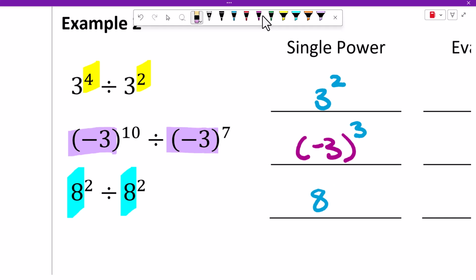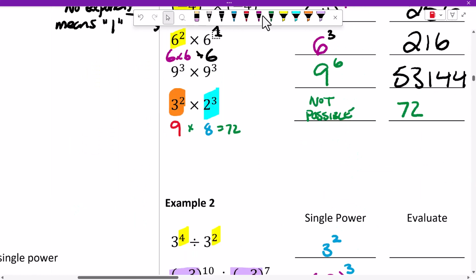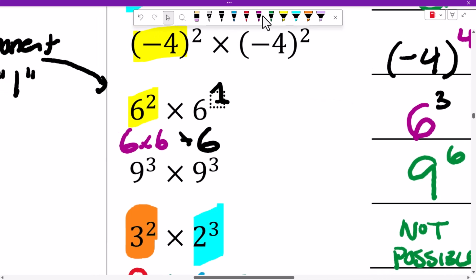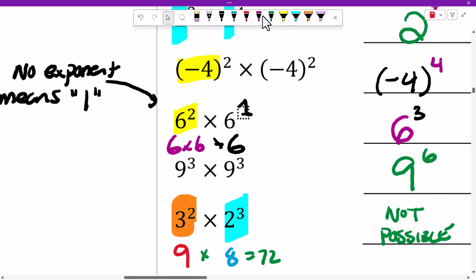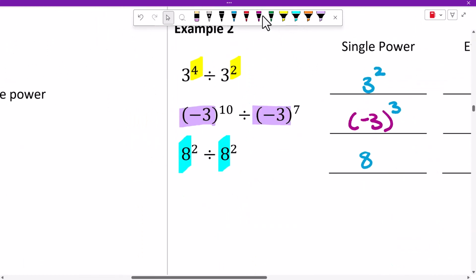So it shouldn't be 1. Now, remember from last day that we can't leave it a blank. A blank doesn't mean 0. Remember, a blank means 1. So we actually do need to put that 0 in. Okay?